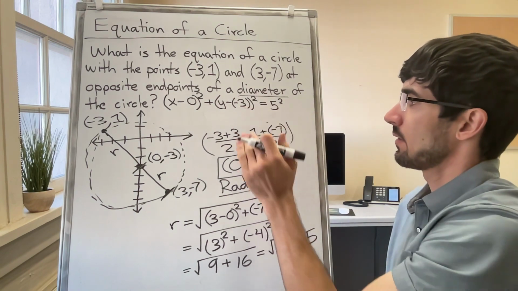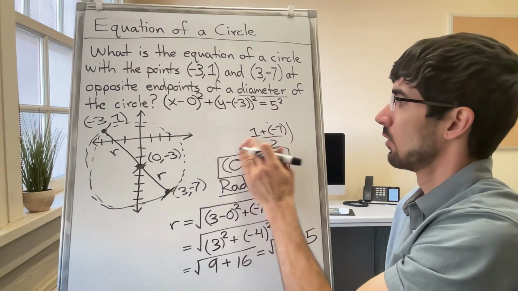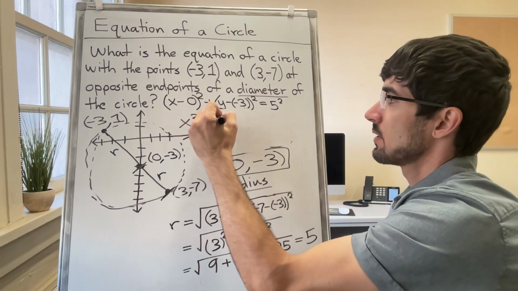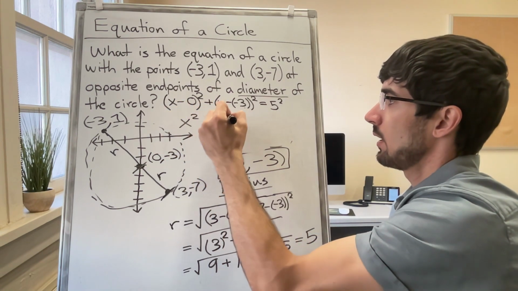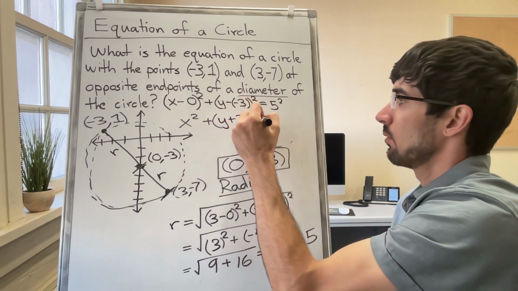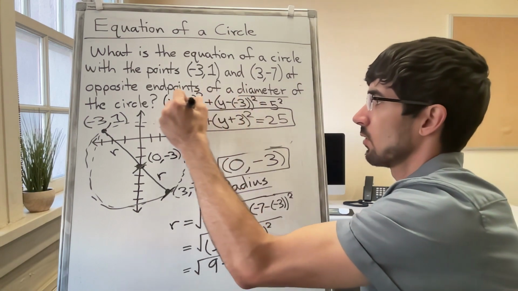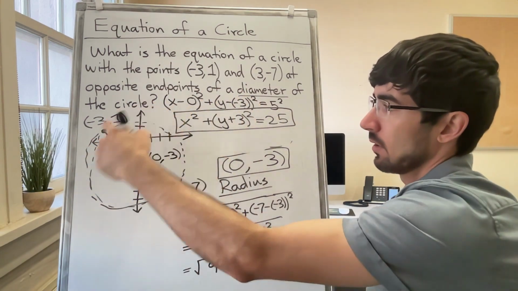Let's simplify this as our very last result. So I get x² + (y + 3)² = 25. Here's the equation of the circle that is described by this graph.